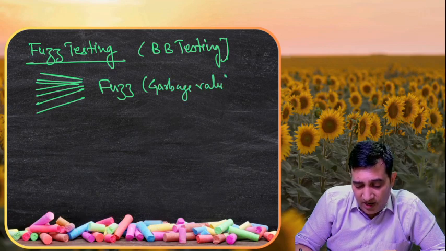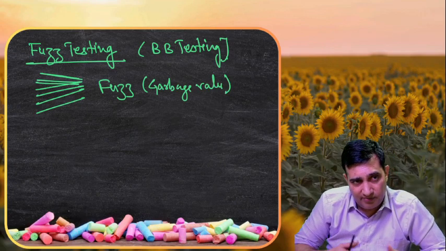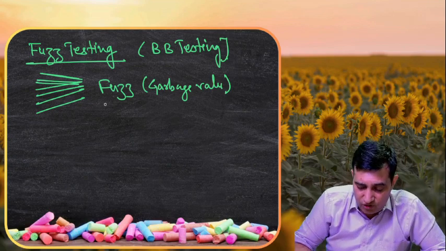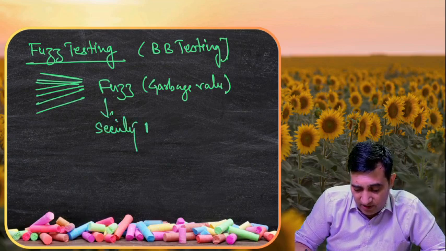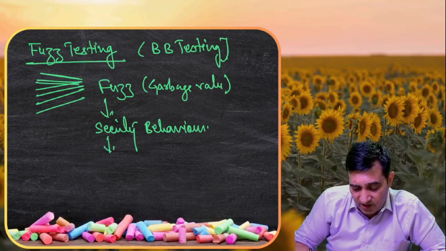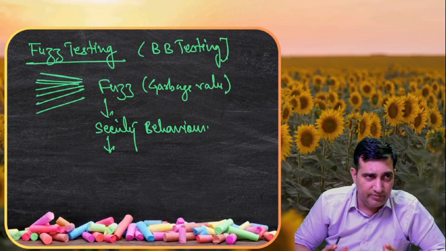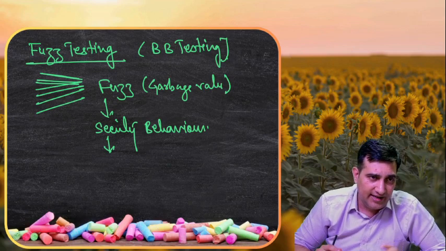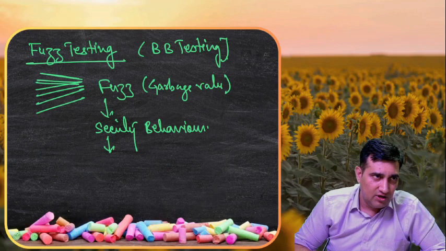By putting in fuzz in huge quantity, we want to check the security behavior of the particular application. And this security behavior will give you, believe me, sometimes very, very weird behavior of the software, and then you can go and fix it.